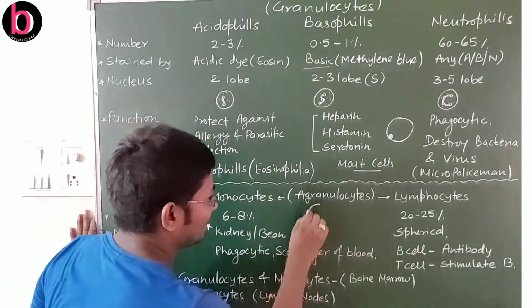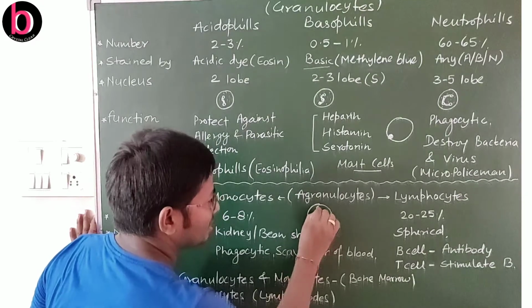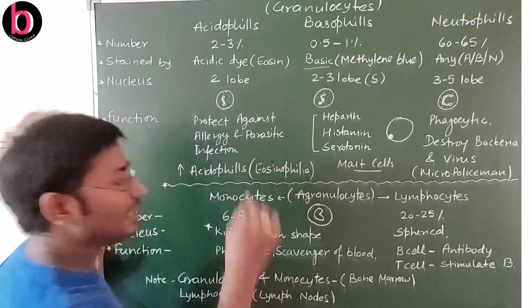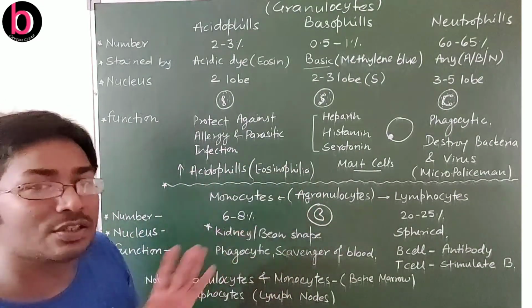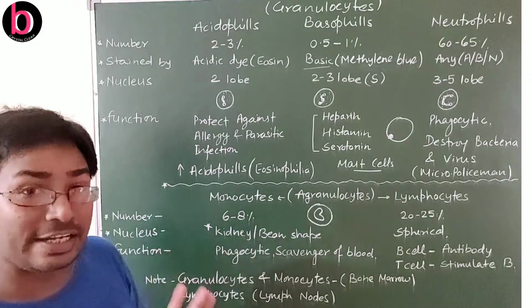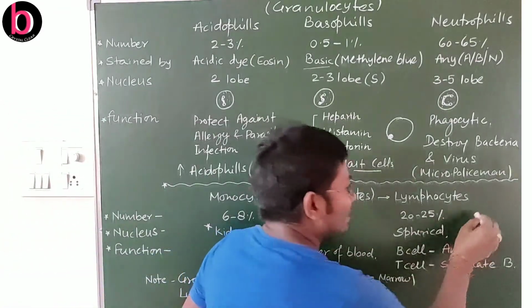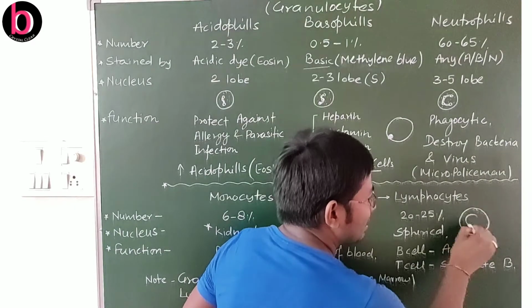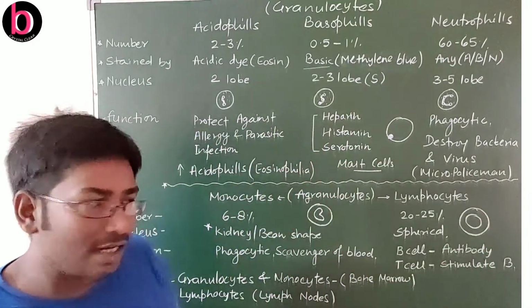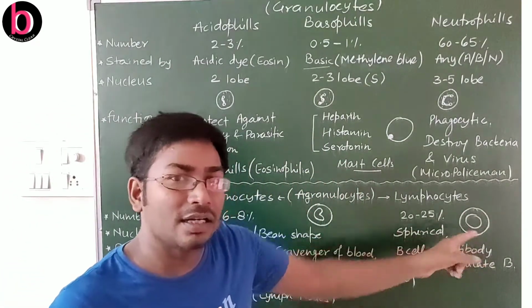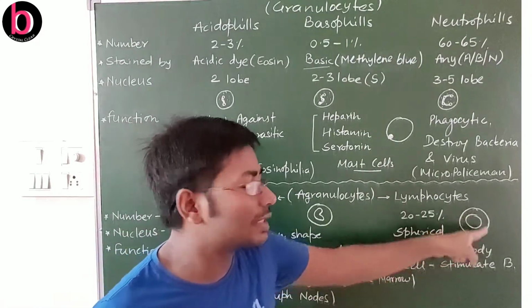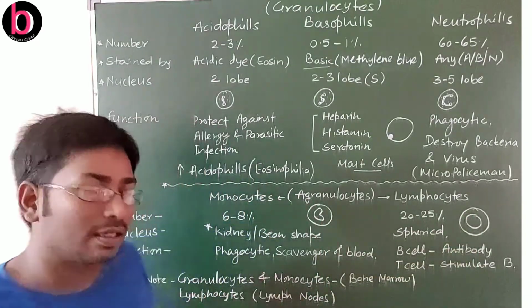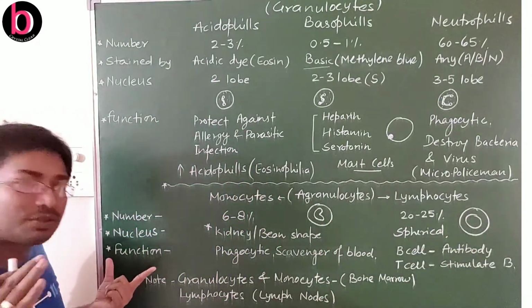If we look at the diagram, this is the kidney shaped nucleus, and there are no cytoplasmic granules, while in lymphocytes the nucleus is almost spherical, located in the center. That's why the cytoplasm is present in the peripheral region. Next, about the function.